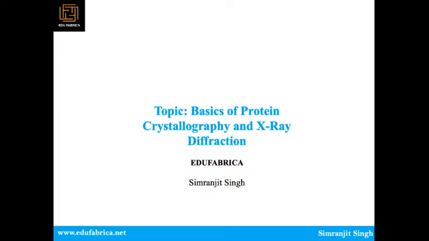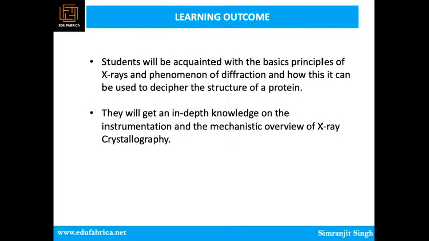That's the basic principle. But before we do that, we have to create a crystal of our protein so that the crystal could give a better image. It's a better way to get better results.